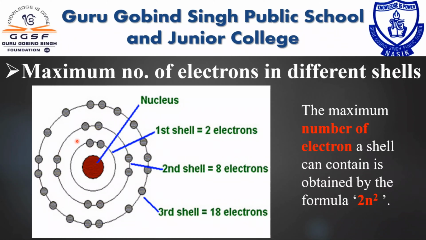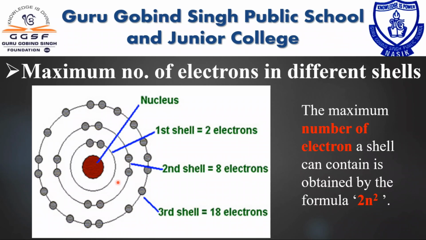This picture shows the maximum number of electrons in different shells. These shells are referred to by the symbols K, L, M, N, corresponding to the ordinal numbers 1, 2, 3 and 4. The maximum number of electrons a shell can contain is obtained by the formula 2 n squared.